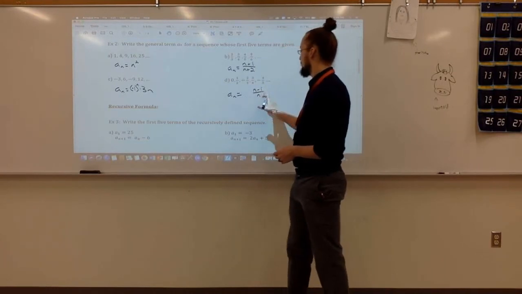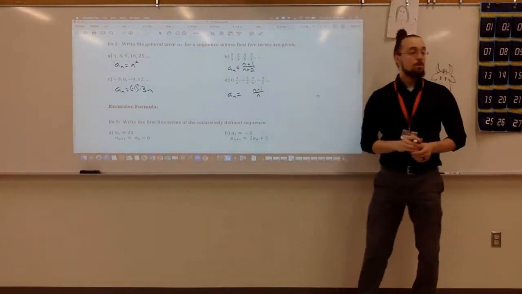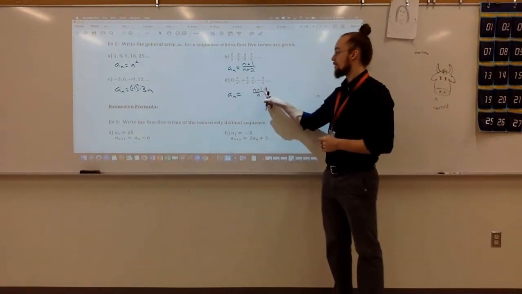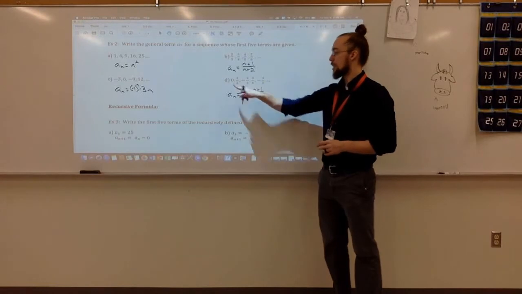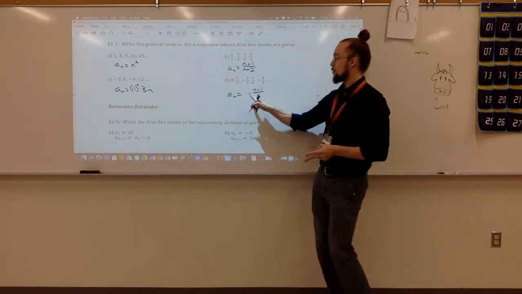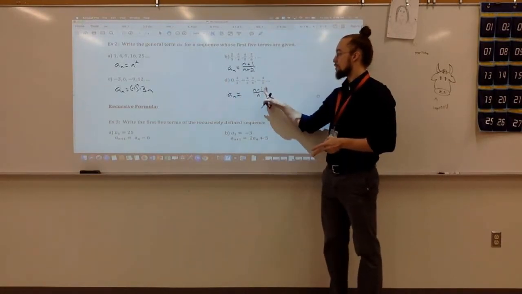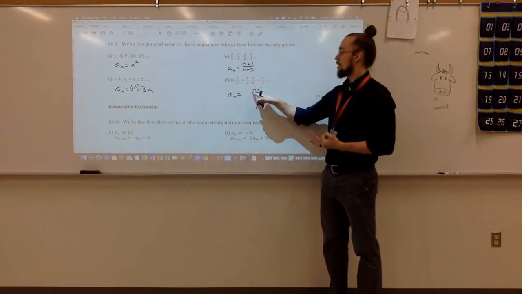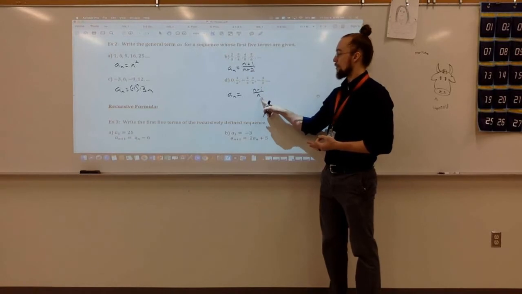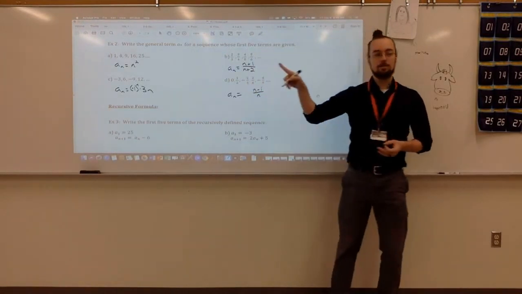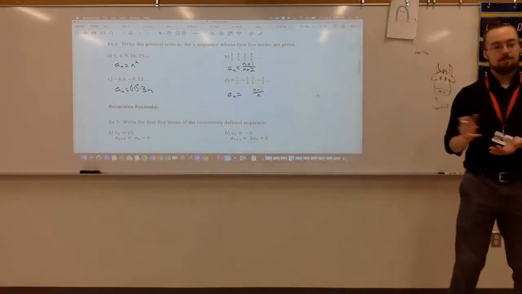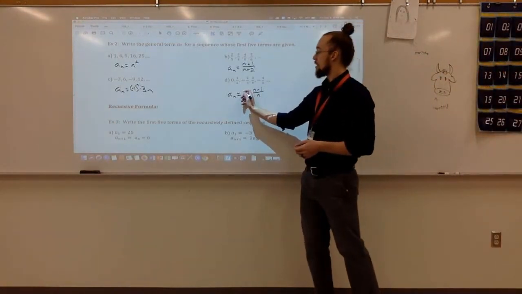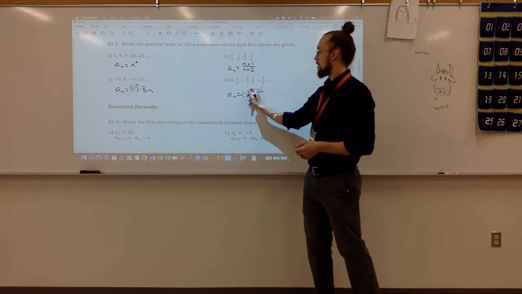N minus 1 over n. If we plug in 1, that would be 1 minus 1, which is 0 over 1, so that works. If we plug in 2, that would be 2 minus 1, which is 1 over 2, so that works. If we plug in 3, 3 minus 1 is 2 over 3, but we want it to be negative. Would it be that multiplied by negative 1 to the n power?